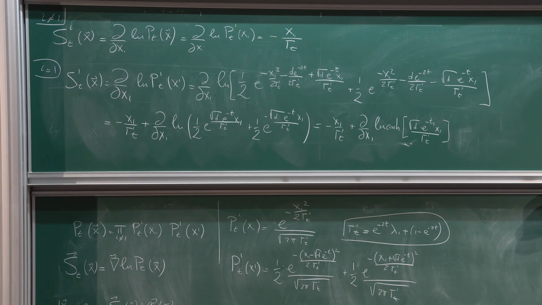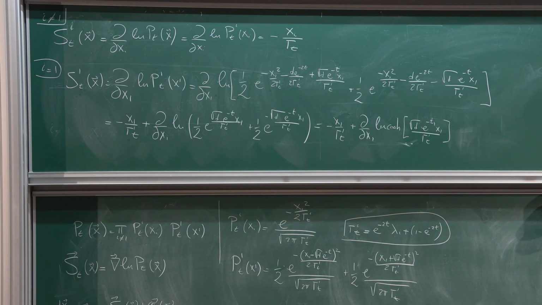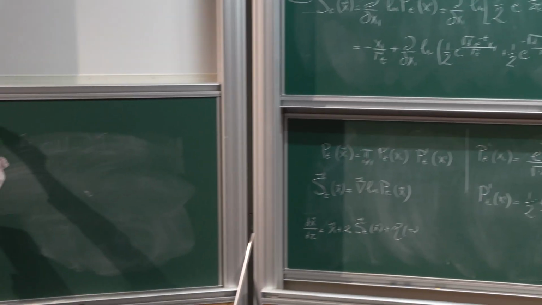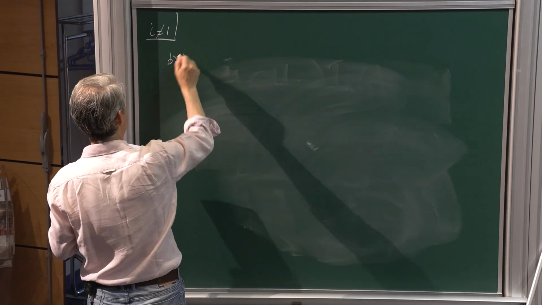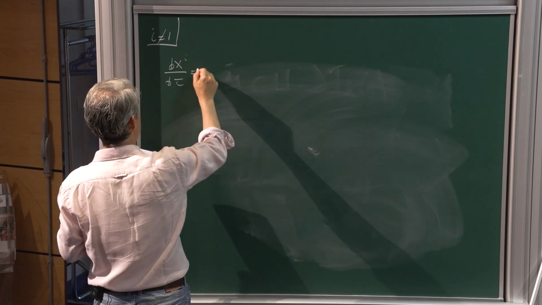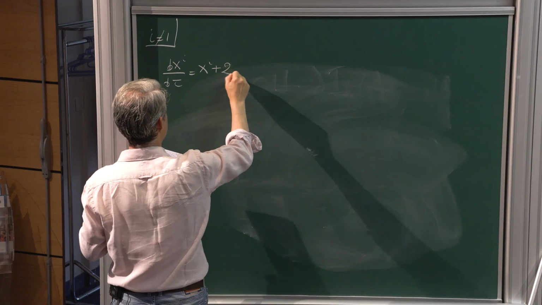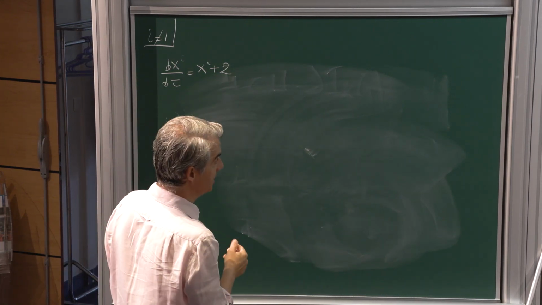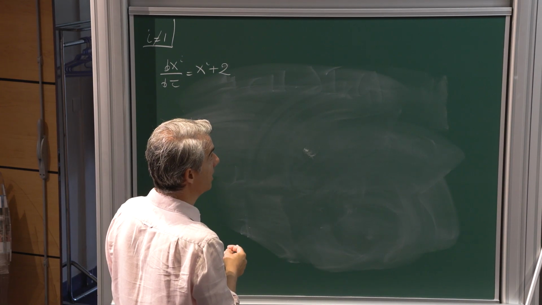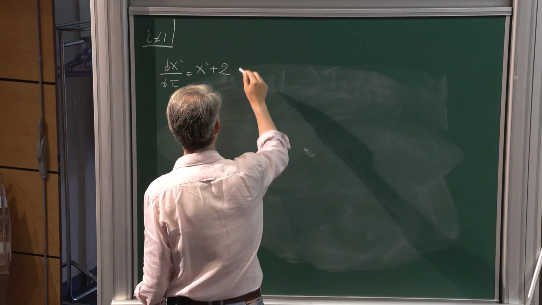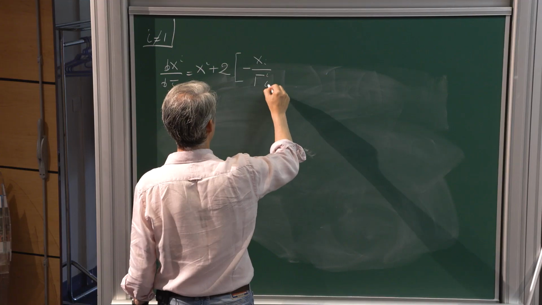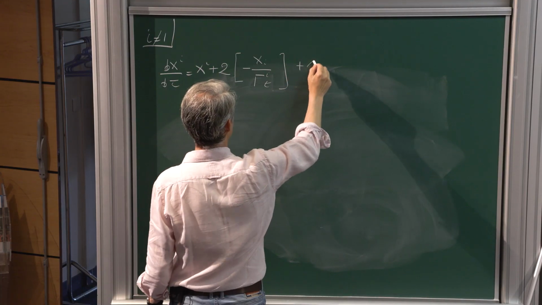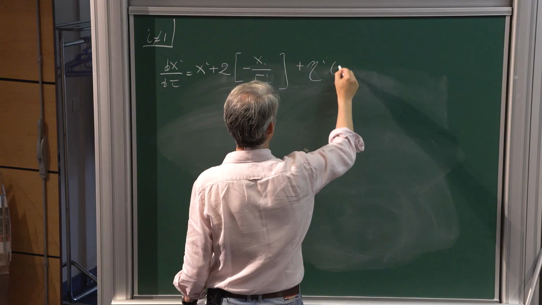For component i different from 1, we have d xi d tau equal to xi plus twice the score, which is just minus xi over gamma i of t, plus eta i of tau.